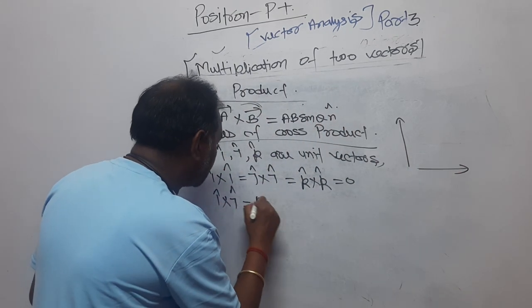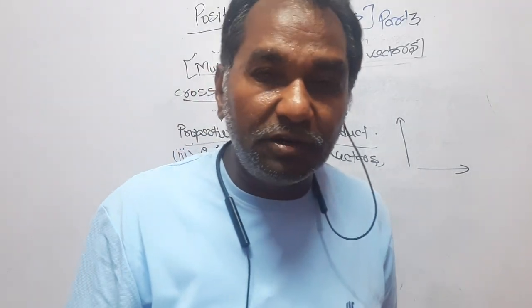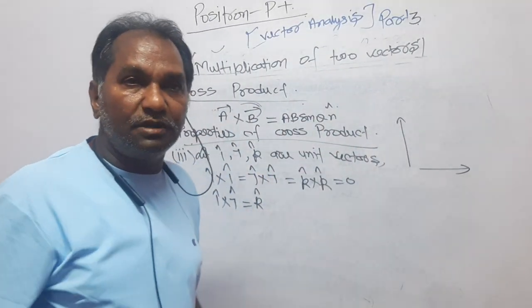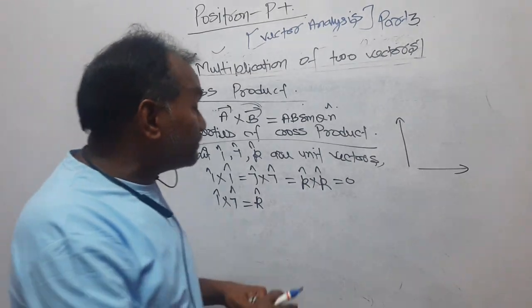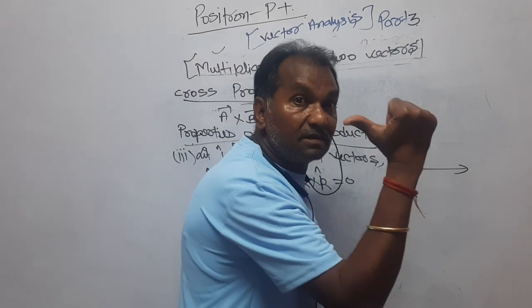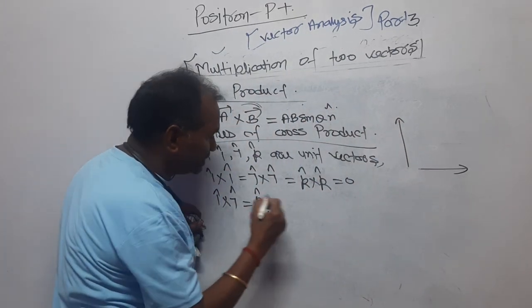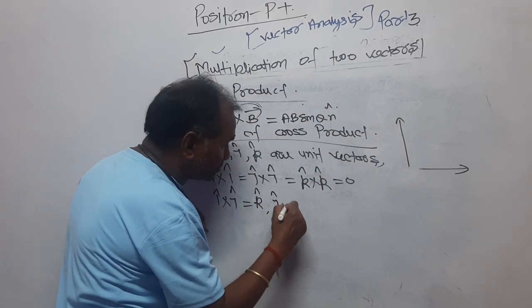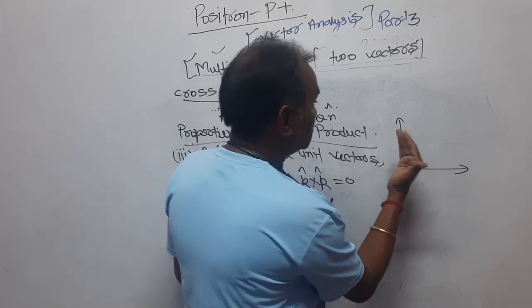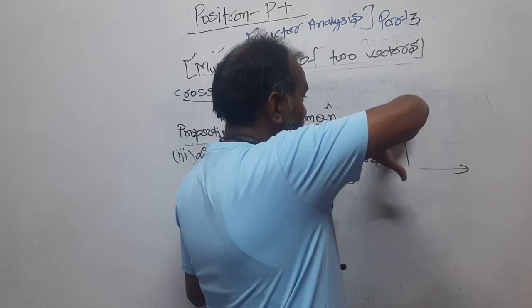Because i cap and j cap are unit vectors, the result will also be a unit vector, but the direction of i cap cross j cap is towards the z axis, that is towards k cap. In a similar way, you can write j cap cross k cap.